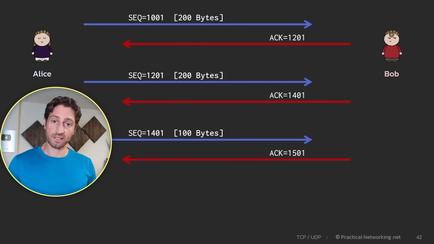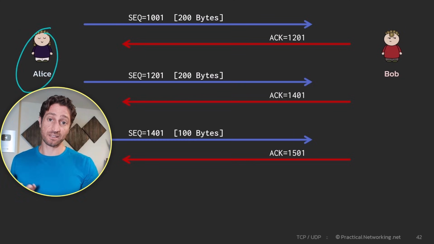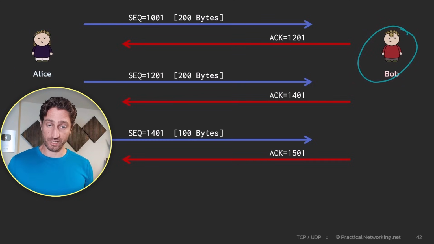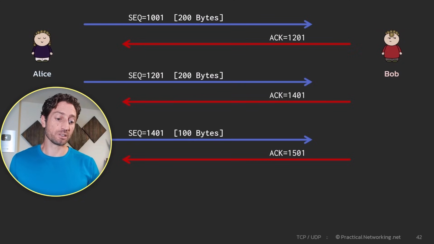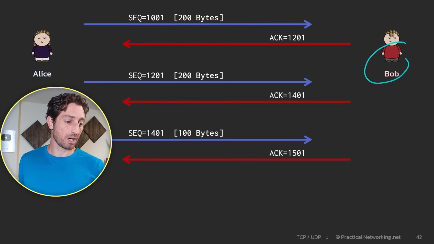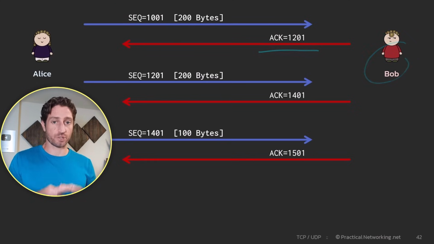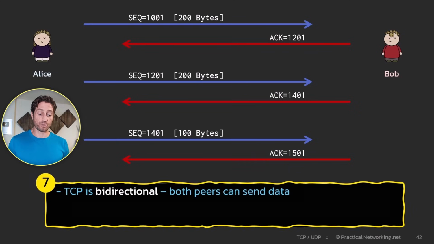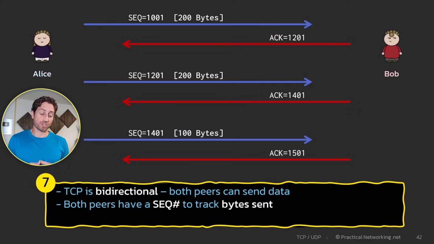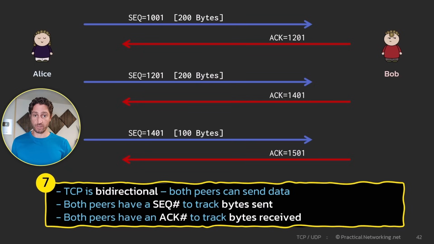So far in this lesson, we've been looking at Alice as the sender and Bob as the receiver. Specifically, we've been looking at Alice's sequence numbers tracking what she has sent, and Bob's acknowledgement numbers tracking what he has received. But TCP is actually bidirectional, which means both parties can send data to each other, which means both parties actually have a sequence number, and both parties actually have an acknowledgement number.